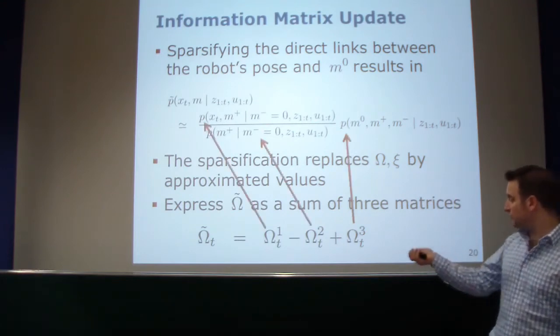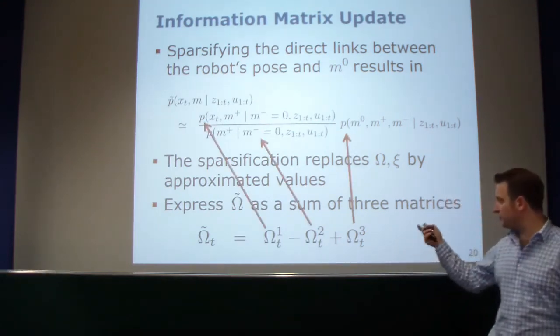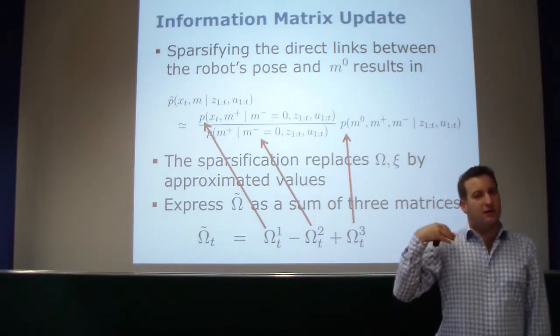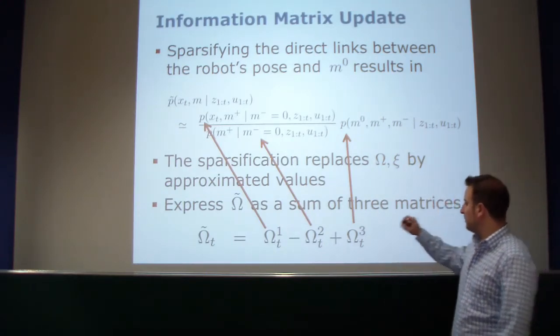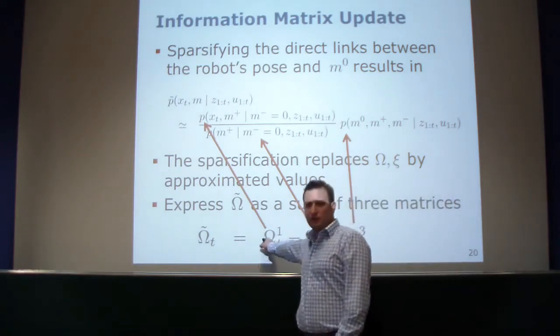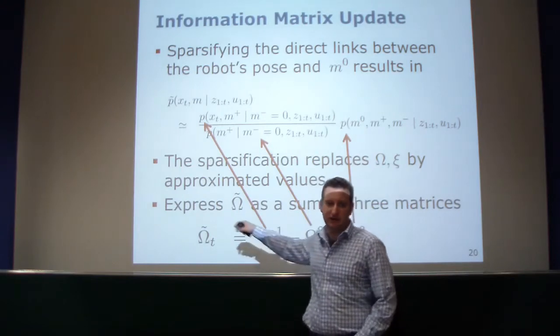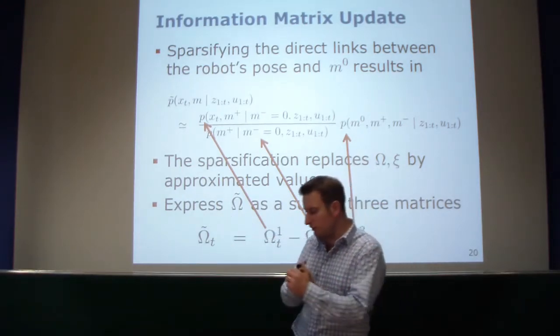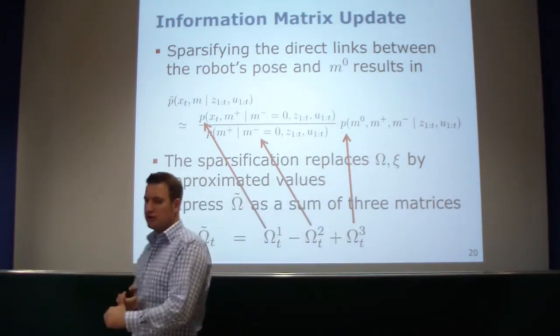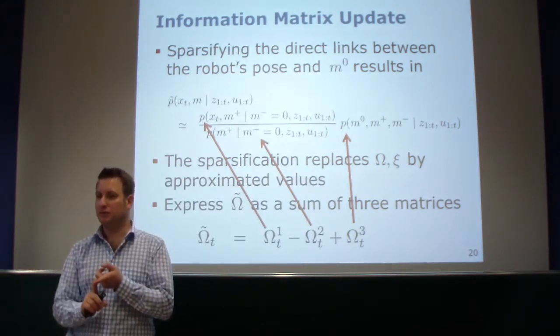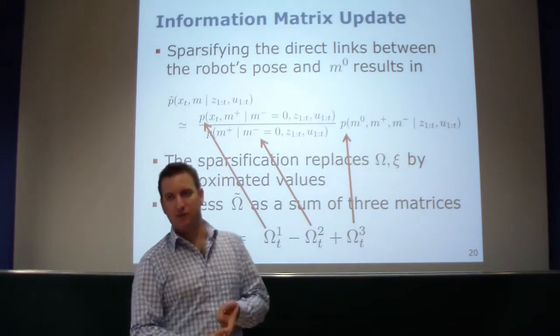So you can express this as a sum of 3 matrices. And what mainly happens when computing these individual terms, I don't want to go into the exact details of how these are computed, but in the end we apply the rules for marginalization and for computing conditional probabilities of the Gaussian distribution.